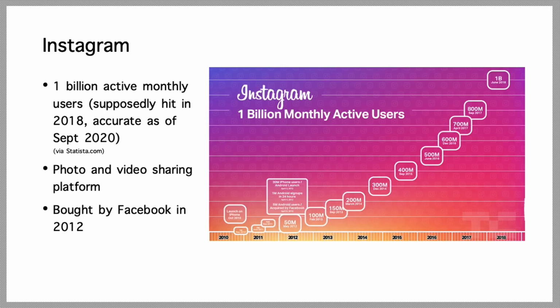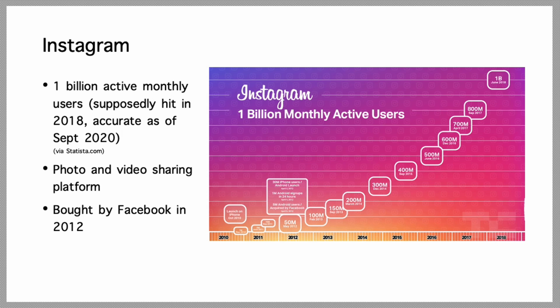All right. So a little bit about Instagram. Instagram has 1 billion active monthly users. That's a lot of people, as you can imagine. Supposedly that was hit in 2018, but it's also believed to be accurate as of September 2020. These statistics are provided by statista.com. It's mainly a photo and video sharing platform.